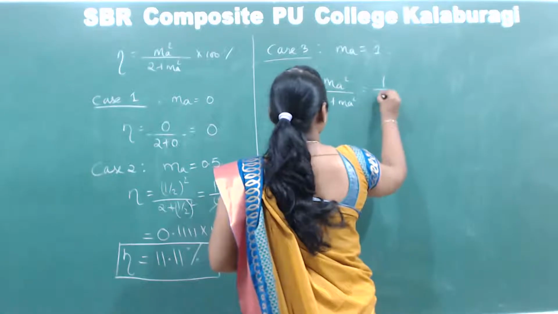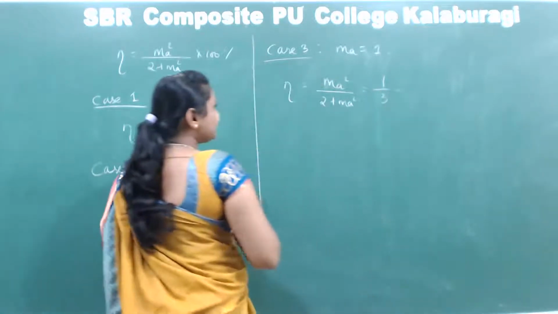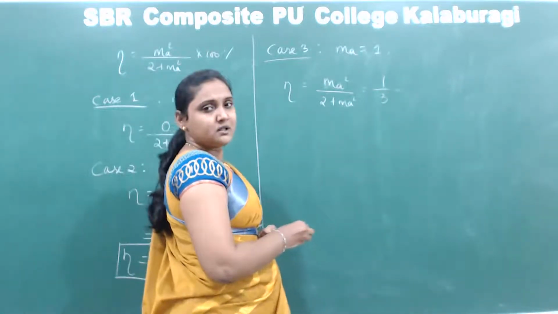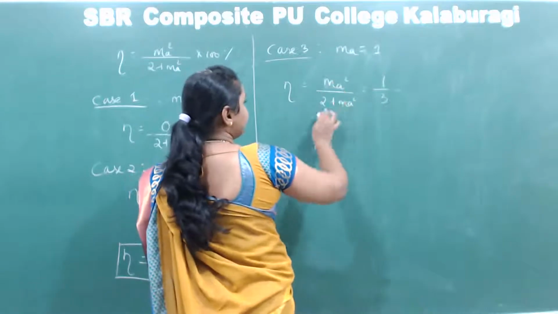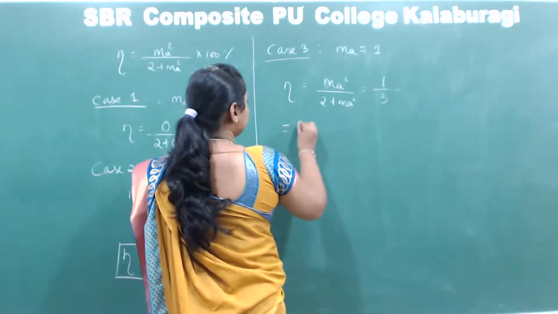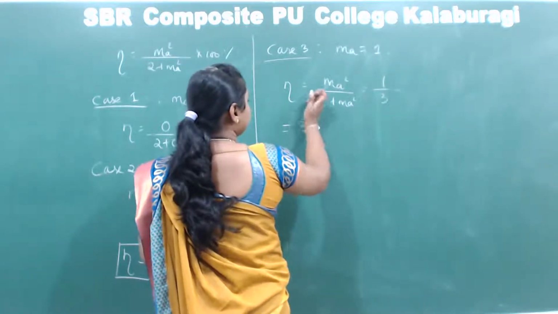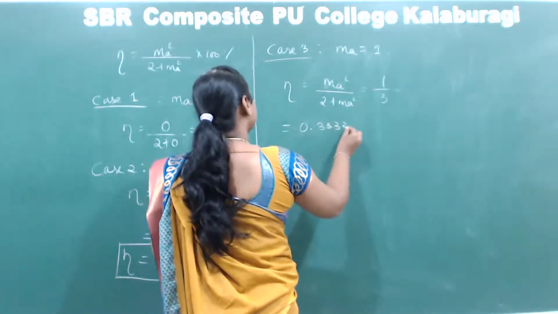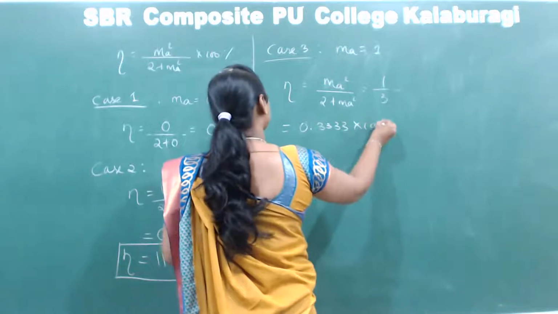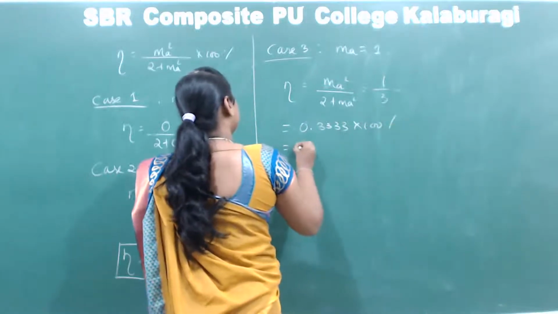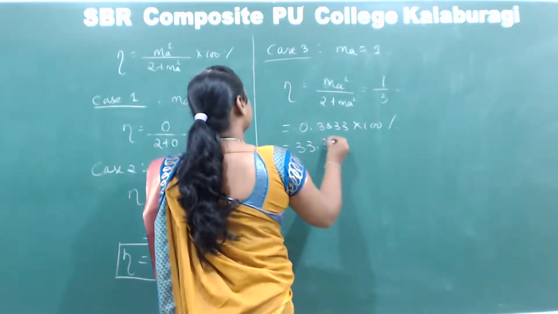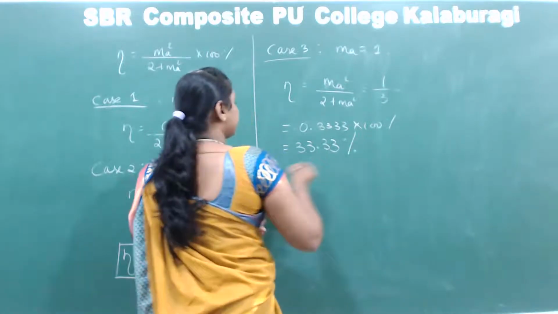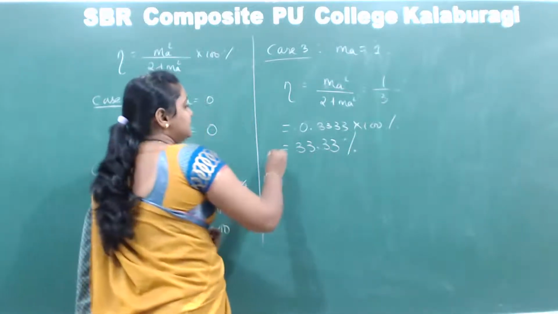So this is nothing but 1 square and 1 square, 1 divided by 2 plus 1, which is 1 by 3, which is nothing but 0.3333 into 100, 33.33%. Okay, this is the efficiency.